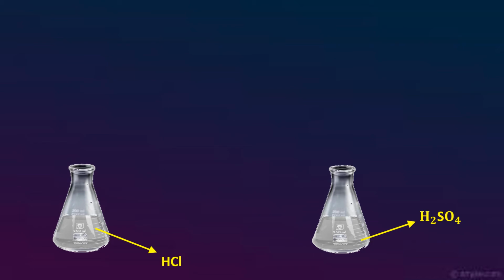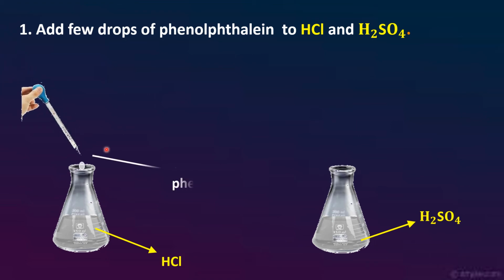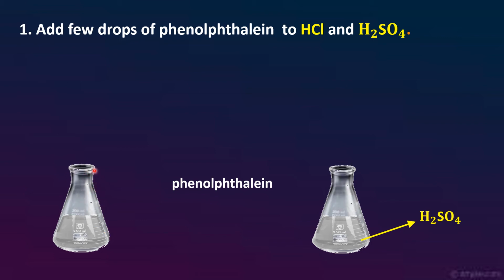Now we'll add a few drops of phenolphthalein indicator to the dilute HCl and then dilute H2SO4. Later on we'll use the methyl orange. We'll add 1 or 2 drops of the phenolphthalein. 1, 2, 3, 4, 5. Okay, so we have added phenolphthalein indicator to the dilute HCl. Now we'll add the same indicator to the H2SO4 also.